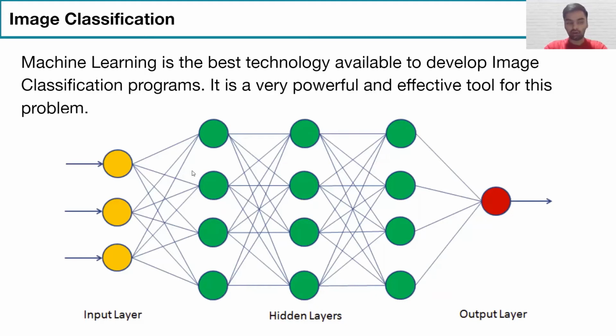Instead of how babies use eyes to look at the dogs, the machine learning program uses what is known as an input layer, through which we pass the images to this program, or the pixels of the images to the program. And along with the image, we also pass the class that the image belongs to.